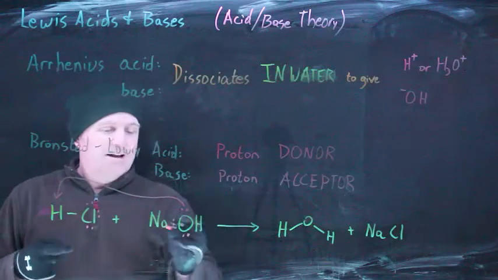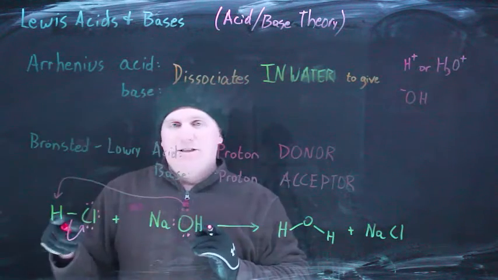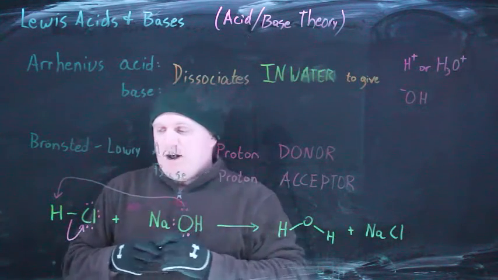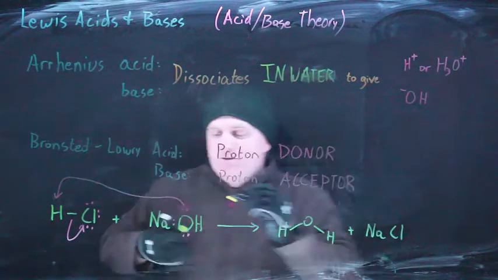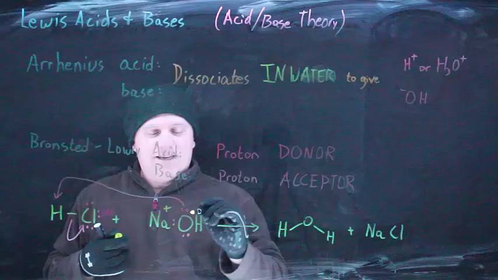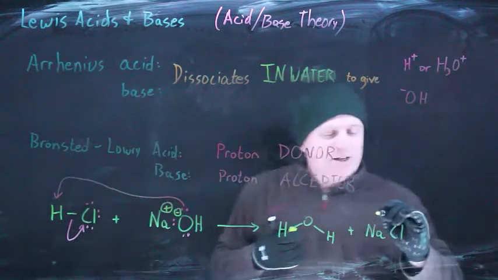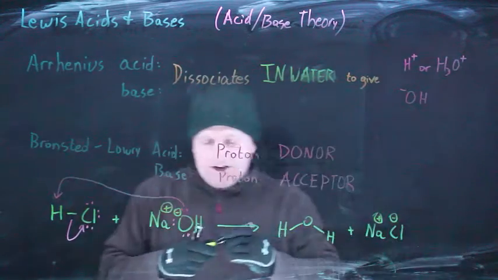That, again, is why we have the definitions we do. You'll notice the pair of electrons that was a bond between the H and the Cl then becomes a lone pair on the Cl minus. Again, I would remind you that if you see Na floating around, you're better off thinking of it as Na plus and the OH as OH minus than anything else. At the end of this reaction, you have Na plus and Cl minus lightly associated with each other.